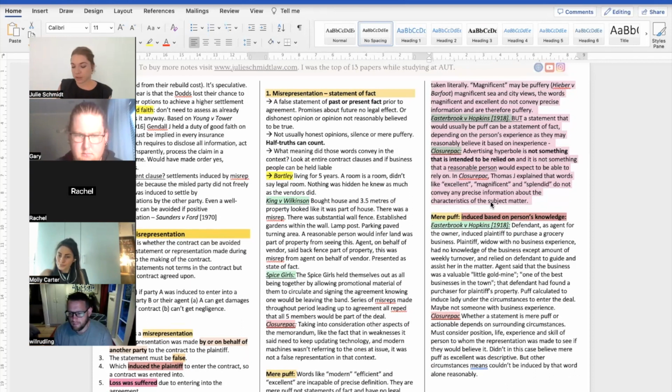Because if a reasonable person wouldn't rely on it, you can't then say that you agreed to this contract based on that statement.